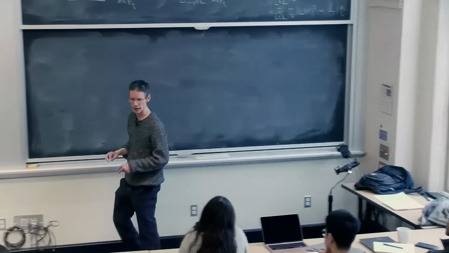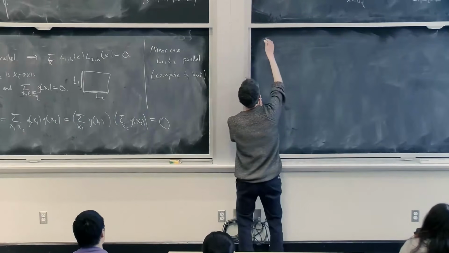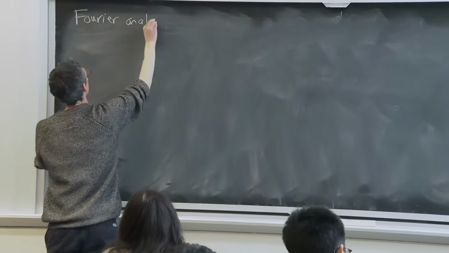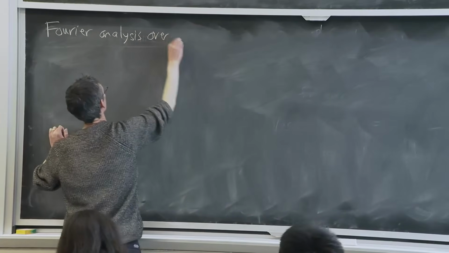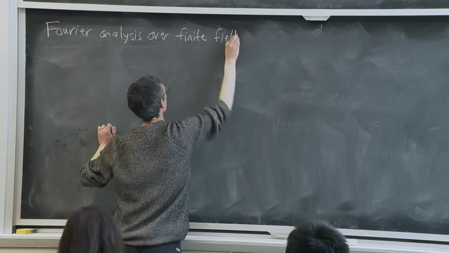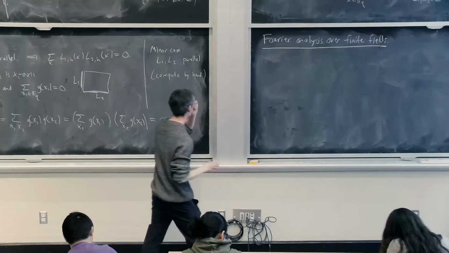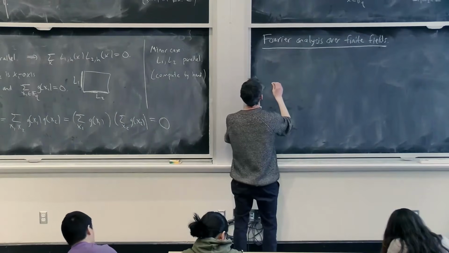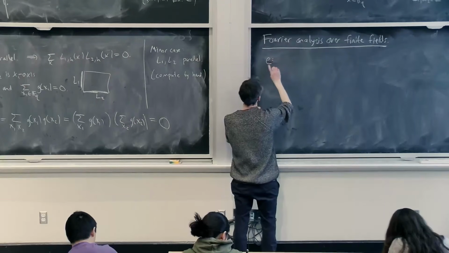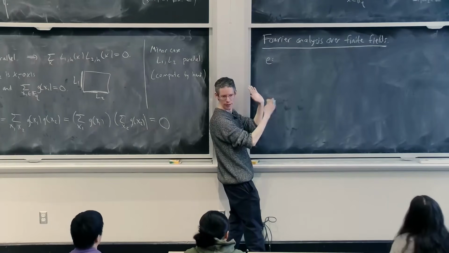So let me remind everybody how Fourier analysis works over finite fields. I have a Fourier analysis based on having some group homomorphism from your group into C star.